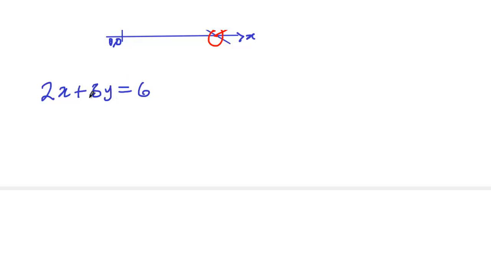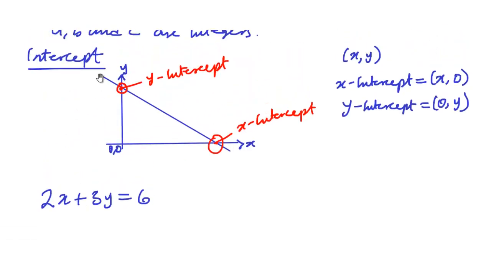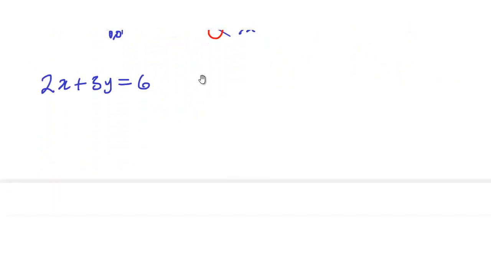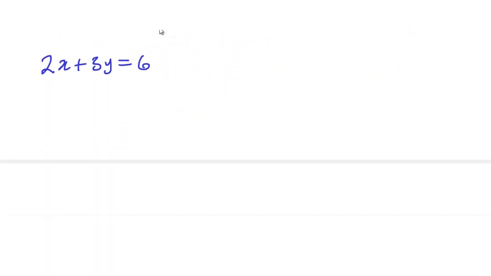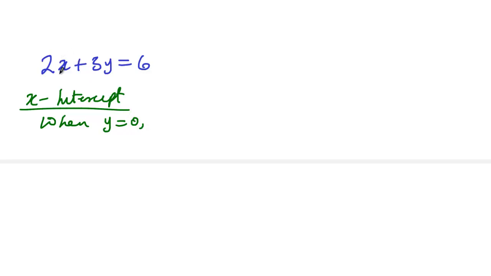So what is the x-intercept from what I explained previously? The x-intercept is the value of x when y is equal to 0. So let's pick it one after the other. So let's take the x-intercept. The x-intercept in this case is the value of x when y is equal to 0. So we now say when y is equal to 0, then what is the value of x?